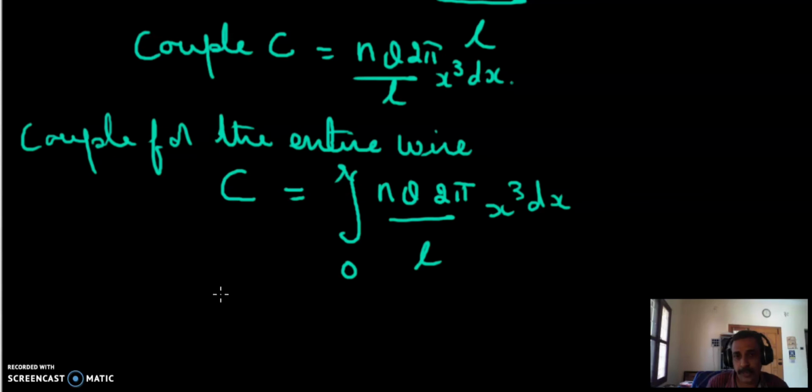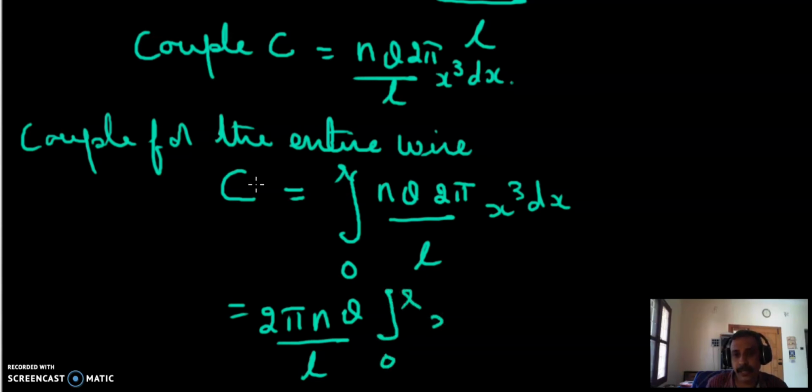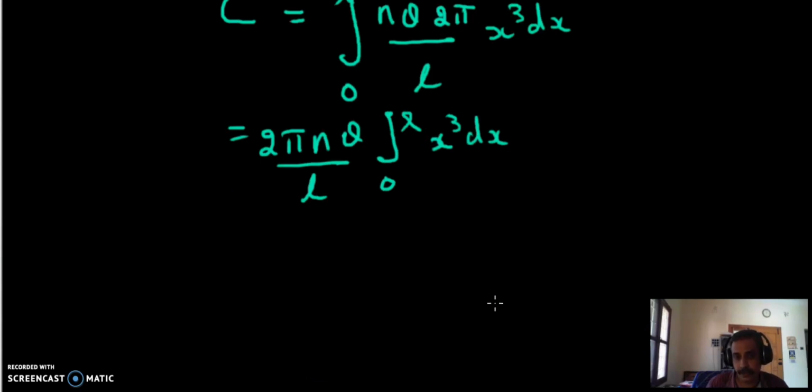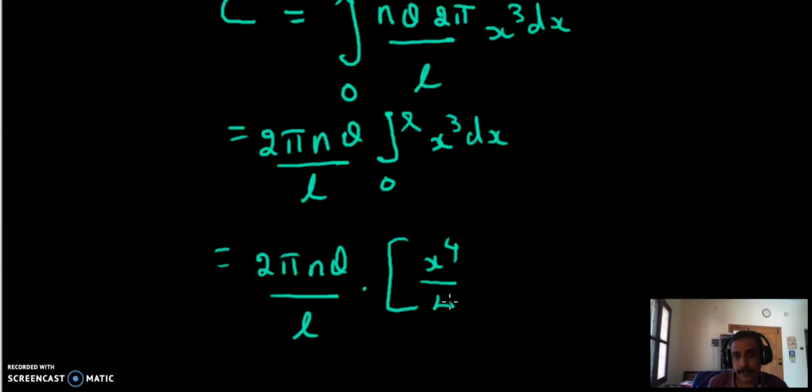So we take all the constants, 2π n θ by L, out, and we have only the integral from 0 to R of x³ dx. If we integrate this, we'll get 2π n θ/L into x⁴/4 within limits 0 to r.